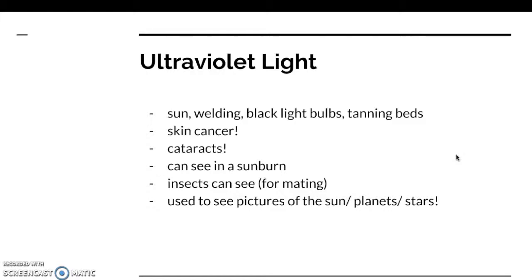It can give you skin cancer and cataracts, and humans can see it in a sunburn, and insects can see some parts of the ultraviolet light. So for example, for mating, they can see ultraviolet light, like the different colors on each other. And ultraviolet light is used to see pictures of the sun and the planets and the stars, and also, black light bulbs and tanning beds.